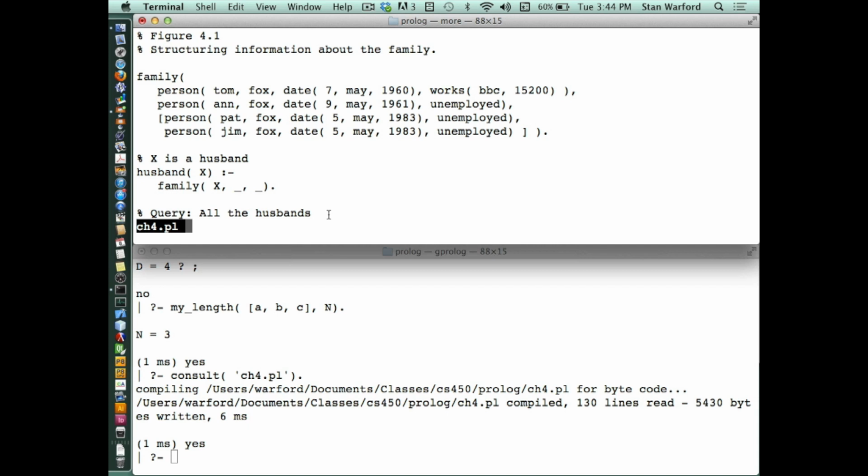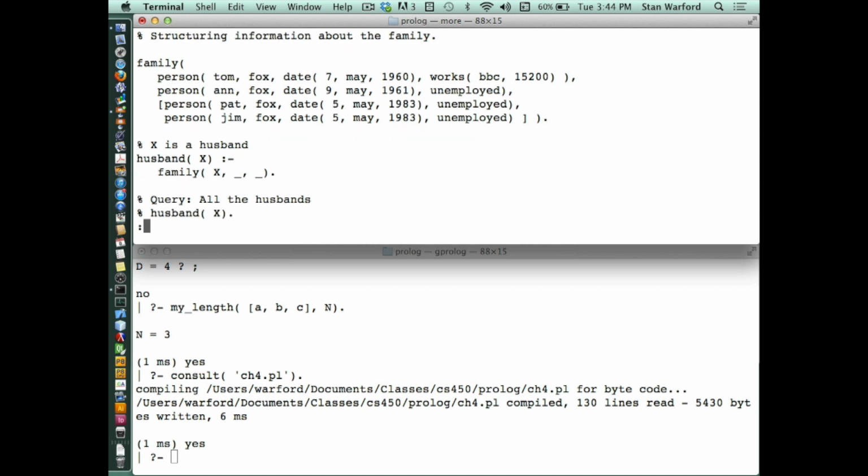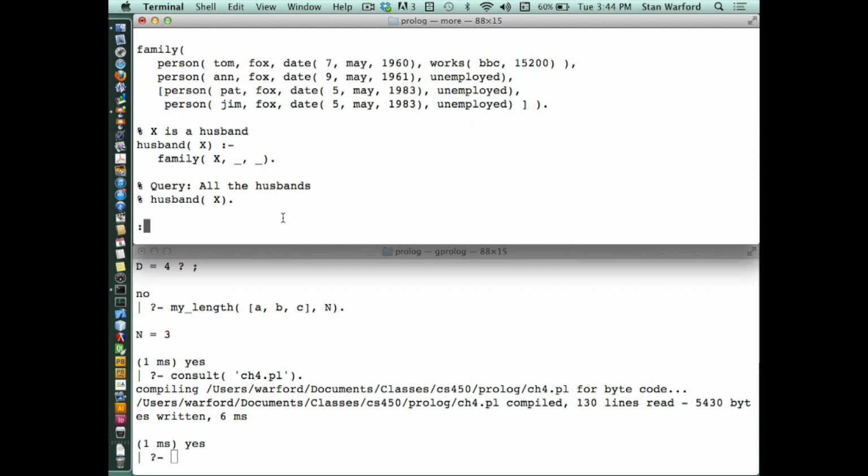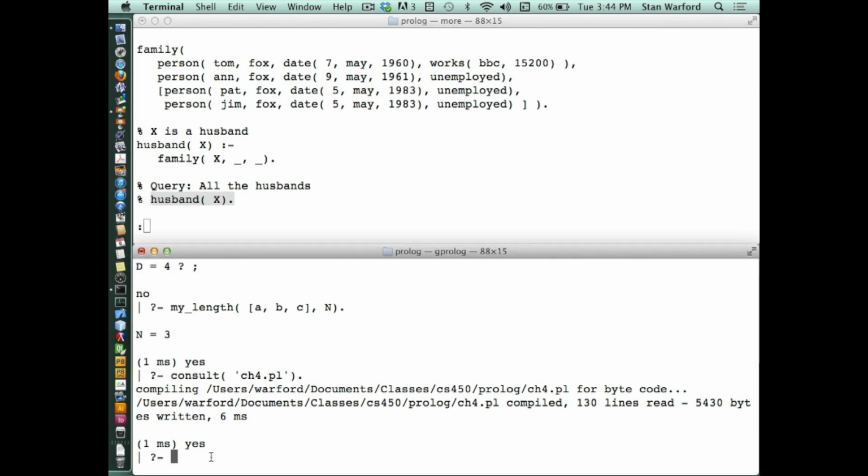What query would we write to get all the husbands of all the families? Yeah, exactly. We would just say husband X. Now these queries can get kind of long, so I'm just going to copy paste, and this file is available for you to download.